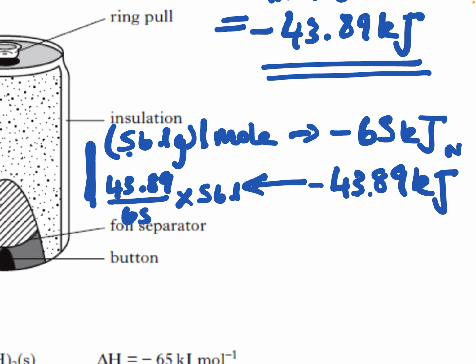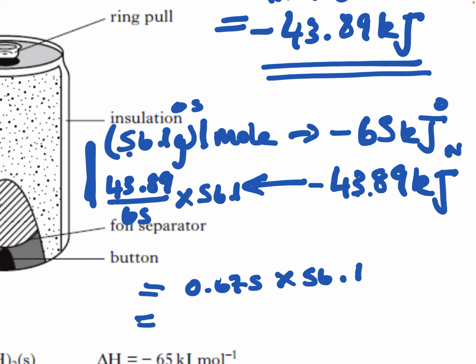So this is new over old times other side. When we work that out, it gives us 0.675 times by 56.1, which means our mass that we need to dissolve is 37.88 grams.